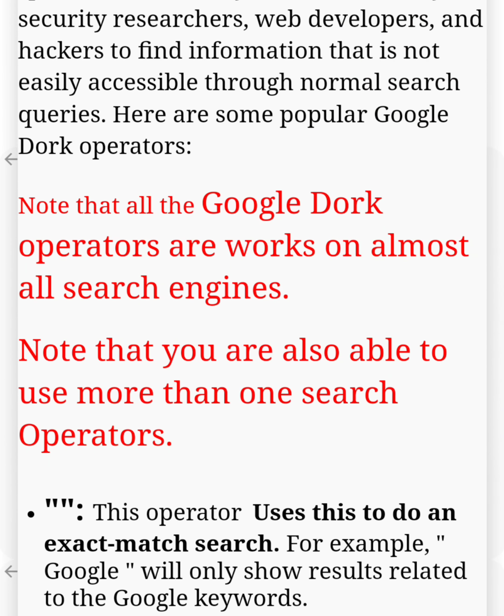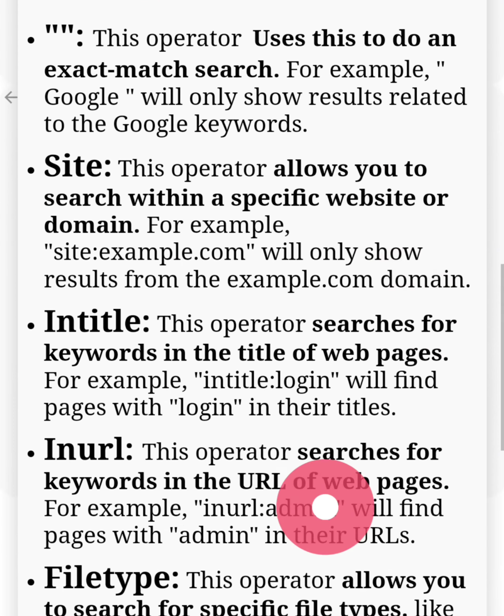Note that the Google Docs operators and search operators work on almost all search engines, and also note that you are also able to use more than one search operator. Here are the most commonly used search operators. You just need to learn this.